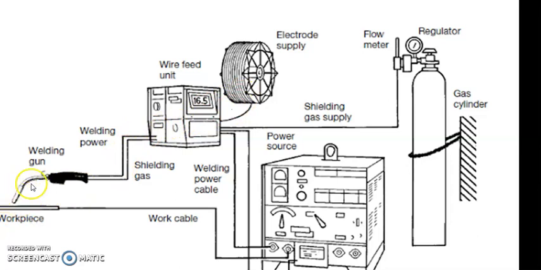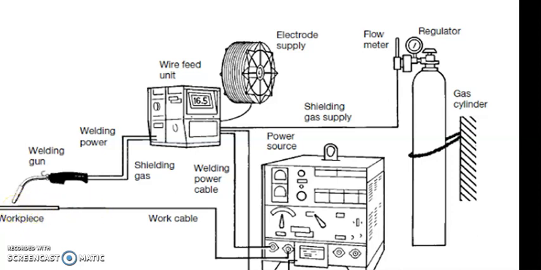This metal electrode is also continuously fed so that it melts and acts as a filler metal. This electrode wire melts and acts as a filler material so that it creates a weld pool. After cooling we will get the weld.